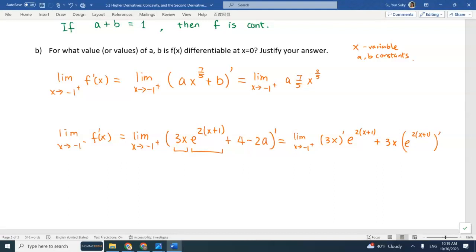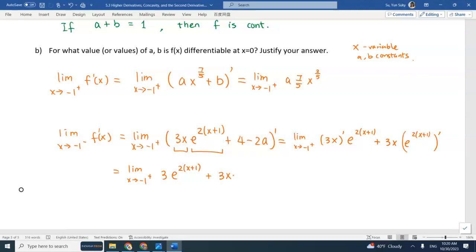Okay, so we continue. We have limits, so carry the limits all the time. What's the derivative of 3x? 3, yes. And then e^(2x+1) plus 3x. Again, how about the derivative of this? Yes, very good.